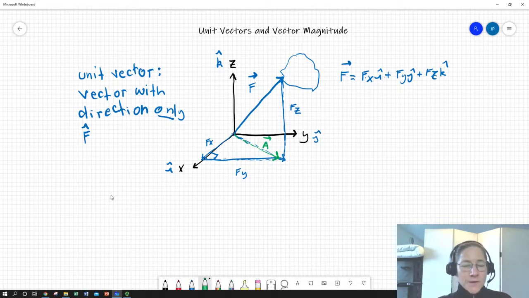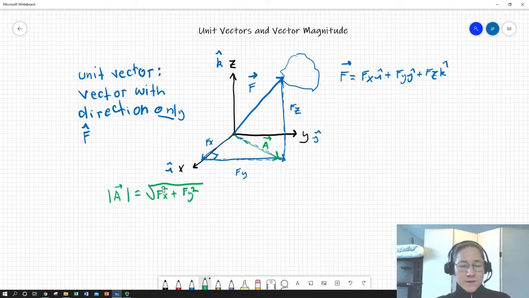So we know that the length of vector A, by 2D Pythagorean, is the square root of f sub x squared plus f sub y squared. Now notice I don't have any vector designations, so I'm only talking magnitude here.